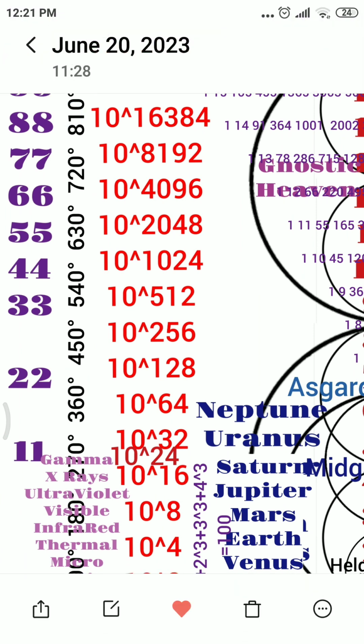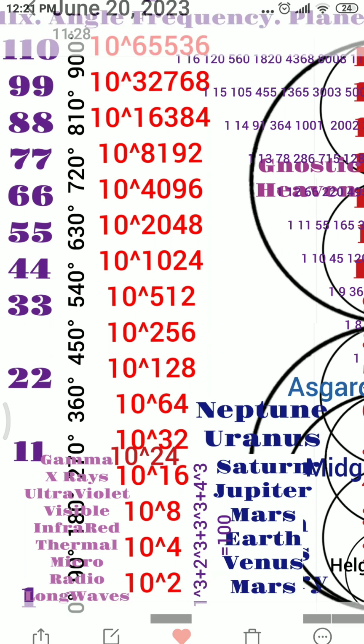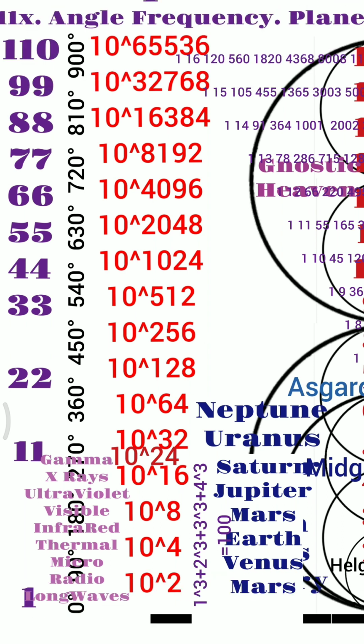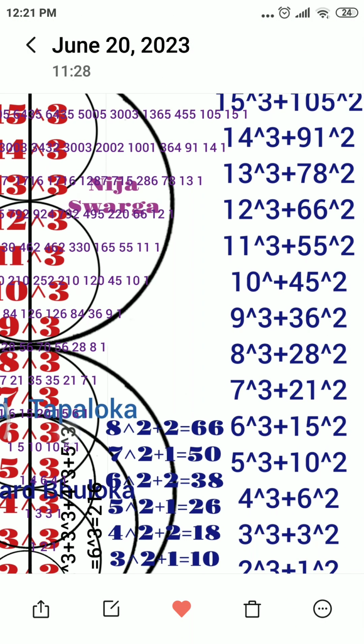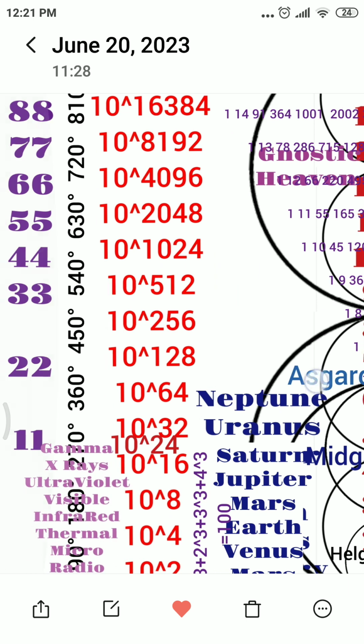Those are the multiples of 11 we have taken. The evolution can be measured in terms of multiples of 11, their equivalent angle here, frequency here, and the overall system that corresponds to that particular multiple of 11.